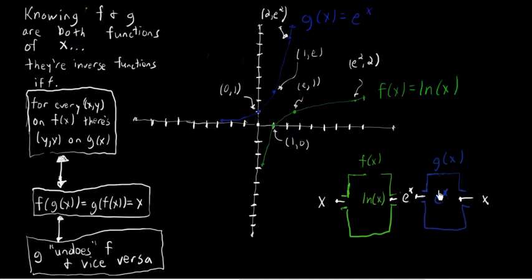Or in other words, for every (x, y) on g of x, there's going to be a (y, x) on f of x. And to reason through that, think of it like this. You'll input x for g of x. g of x will spit out a value of y. You will use that value of y as an input for x into f, and you'll get a new value of y here.